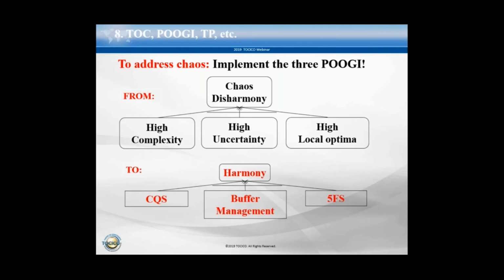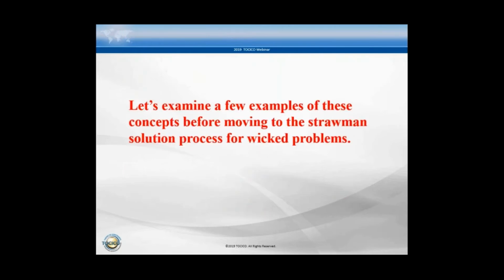We plan ahead, and we use the 5 focusing steps. We identify the constraint where it should be. We tell everyone how they should operate to support the constraint, instead of doing the best they can at their own job. Then we have harmony in that environment.